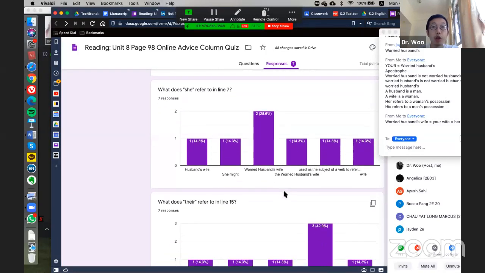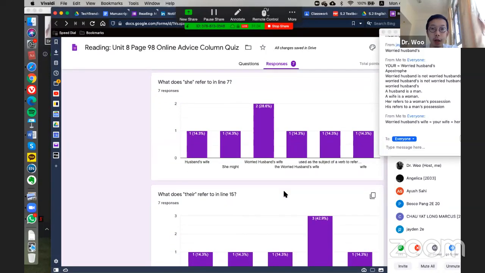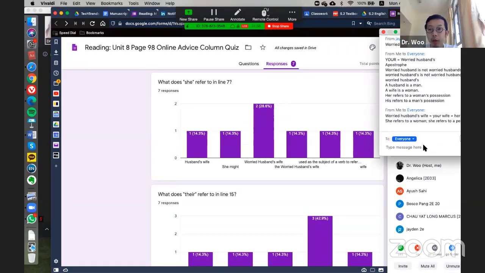What does she refer to in line 7? Husband's wife, wife, wife, wife. Okay, looks pretty straightforward. Line 7. So just like her, she refers to a female, a woman. She refers to a person. Okay, so 1, she means 1. She means female or woman.